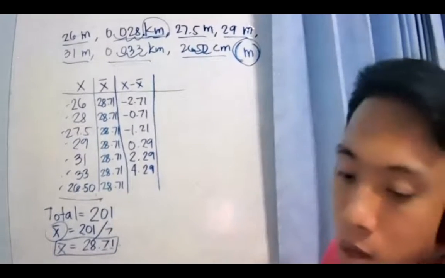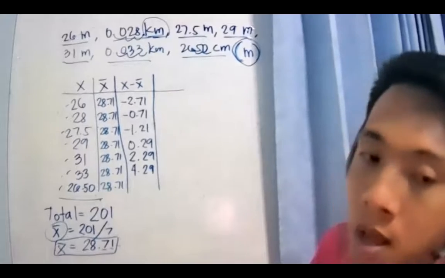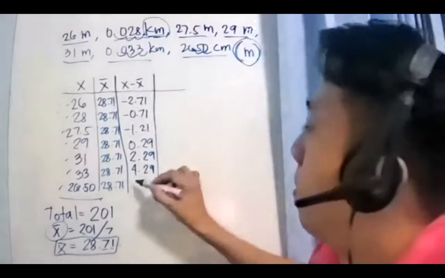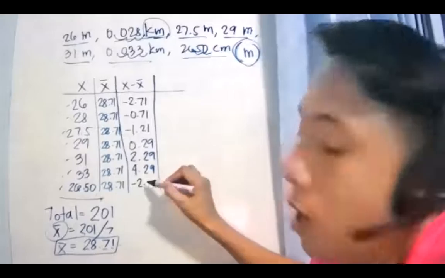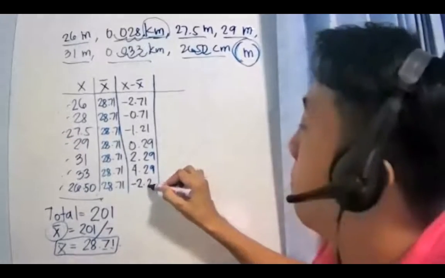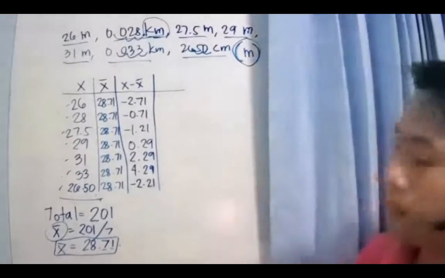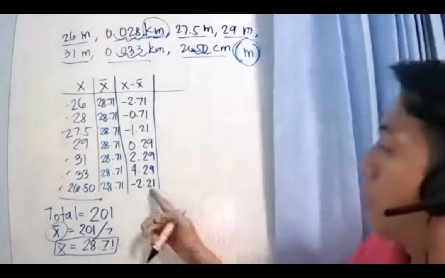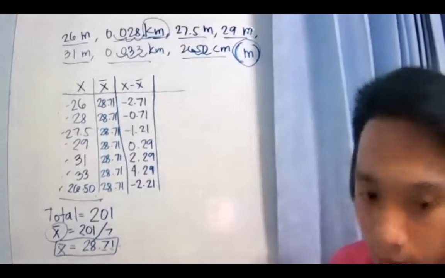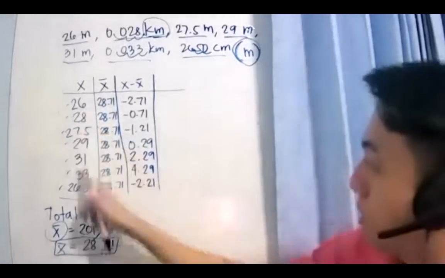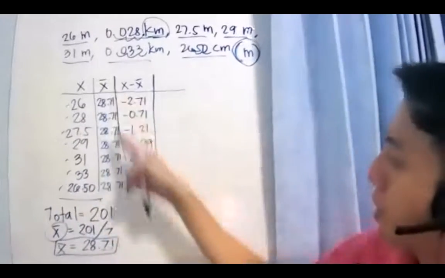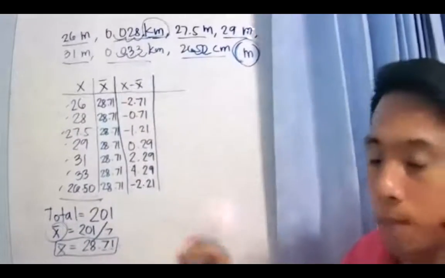So negative 2.21. That is our fourth step. Again, first, second, third, fourth.